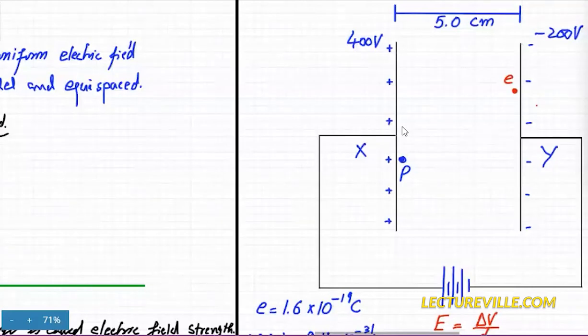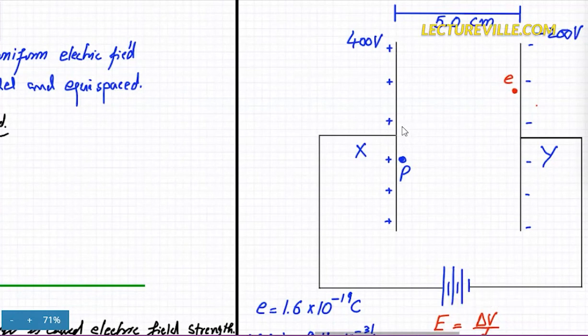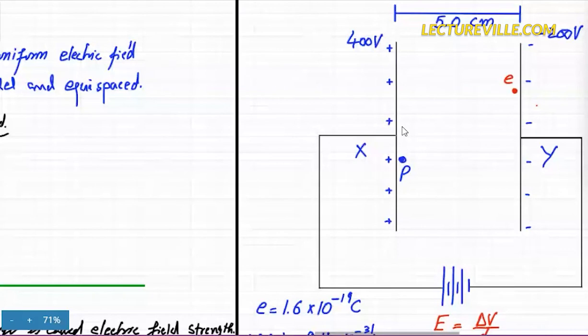Uswa, do you remember this formula? 2as equals v square minus u square. No, sir. Okay, write it down. It is one of the equations of motion: 2as equals v square minus u square, where a is acceleration, s is distance, u is initial speed, and v is final speed. In this case, we know for the electron that the initial speed is 0.